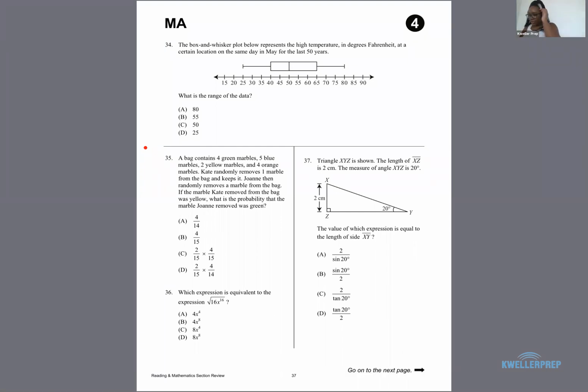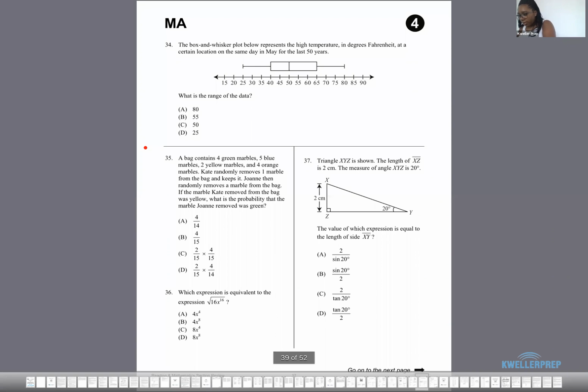Opposite over hypotenuse. Tangent is the opposite side over the adjacent side, which is 2 over this line ZY. That side, so tangent of 20 would give you that. Cosine is adjacent over the hypotenuse. Yeah, Sohcahtoa.